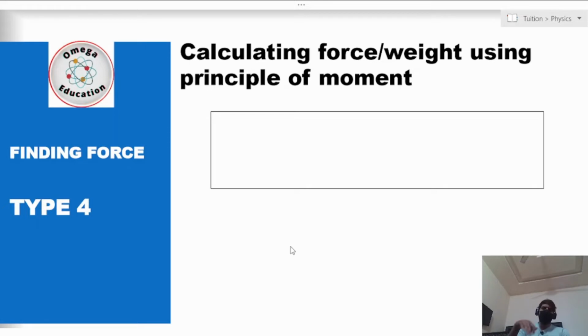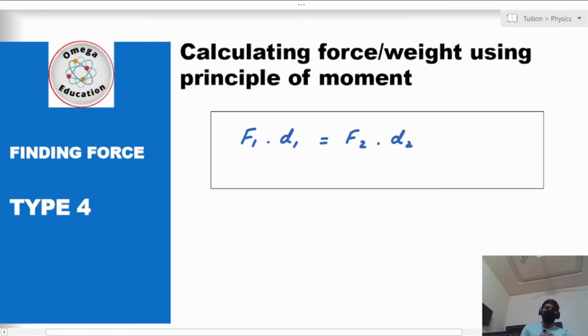In our context, we refer it to the planet Earth. So the formula, once again, that you use in that case would be F1 times D1 equals F2 times D2. All right, considering that there are only two forces acting across the pivot.